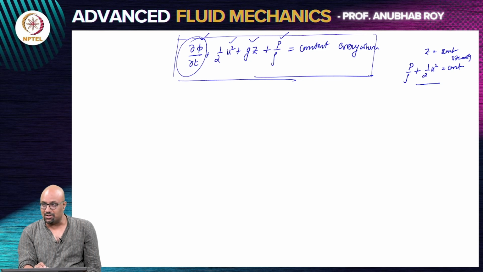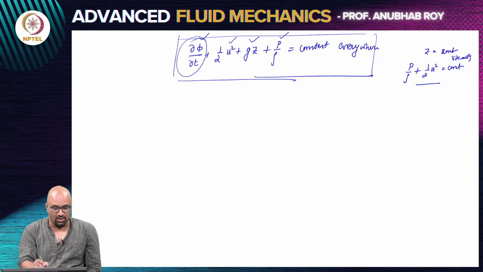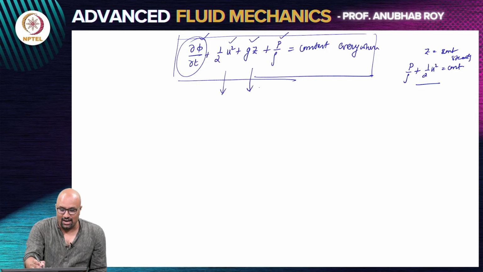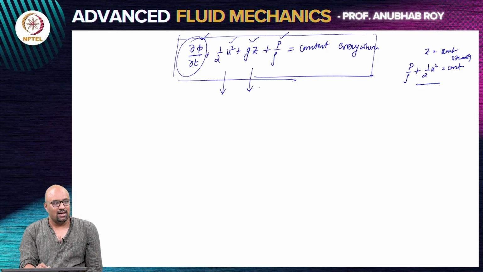We have made assumptions. The assumptions that we have made are that the flow is inviscid. There are no losses in the problem, no frictional effects, because you can look at this and start to guess that each quantity has dimensions of energy per unit mass. So, in some sense this is also a statement of energy conservation.